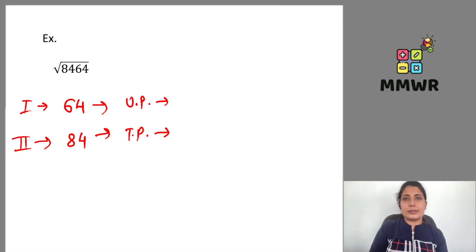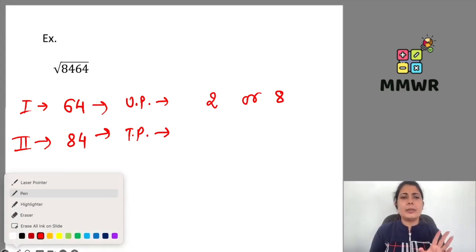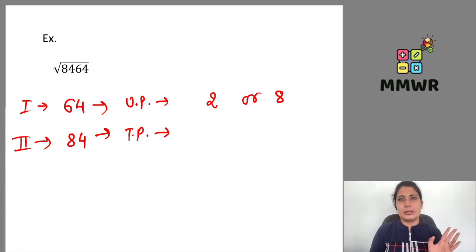Now 64, that means just now we have seen whenever 4 comes, either 2 should be there or 8 should be there at the unit place. 2 square is 4, 8 square is 64. So what will come, that we are not sure, but yes, it is either 2 or 8 at the unit place.